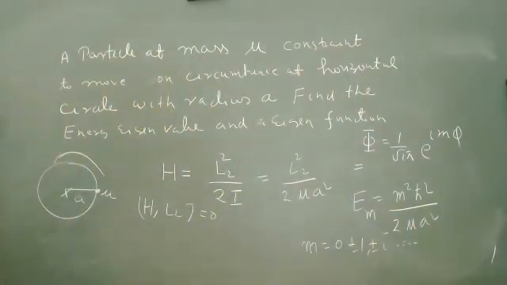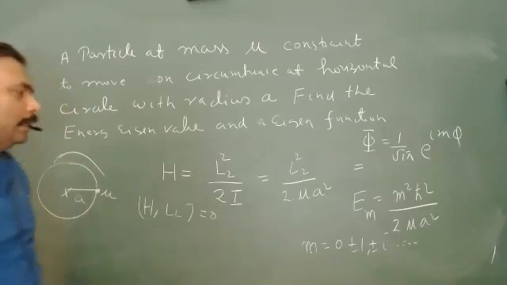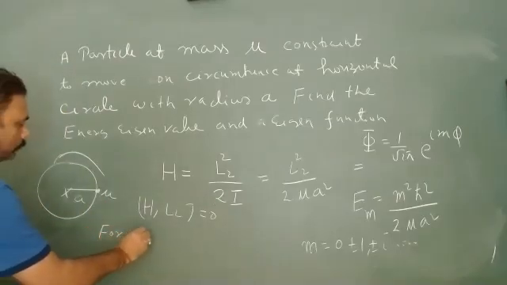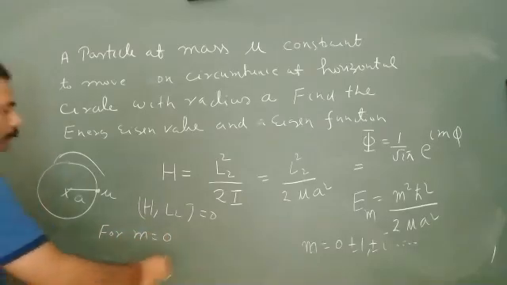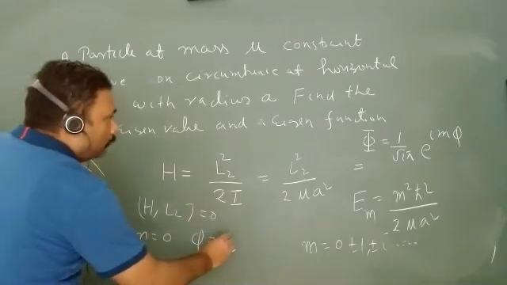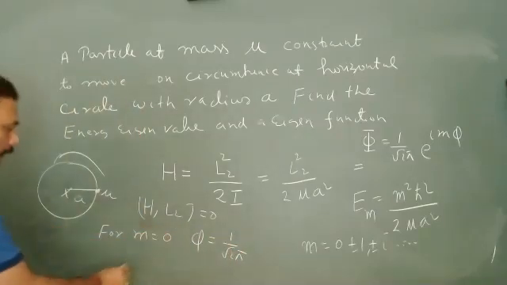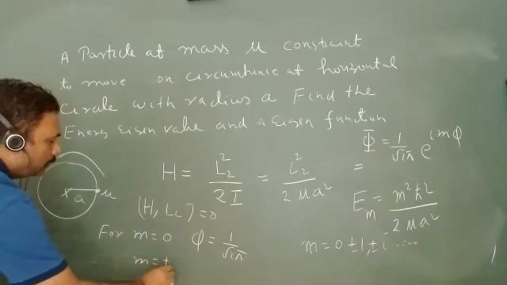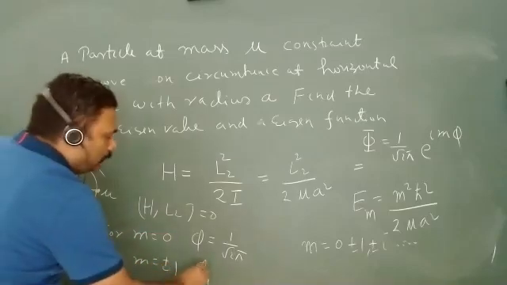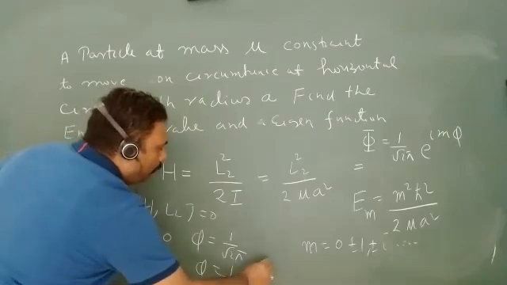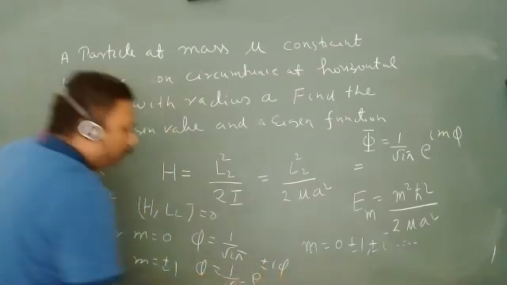And what will be the degeneracy for the ground state? Ground state means m is equal to 0, phi is equal to only 1 upon root 2 pi. And for m is equal to plus minus 1, phi is equal to 1 upon root 2 pi e to the power plus minus i phi.